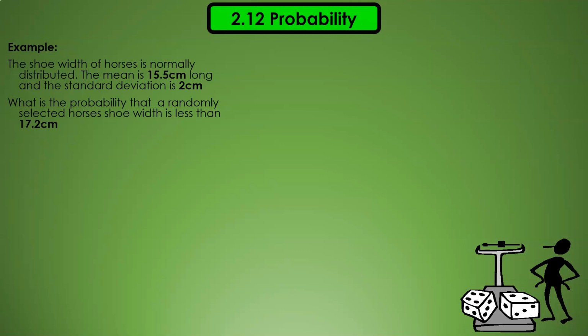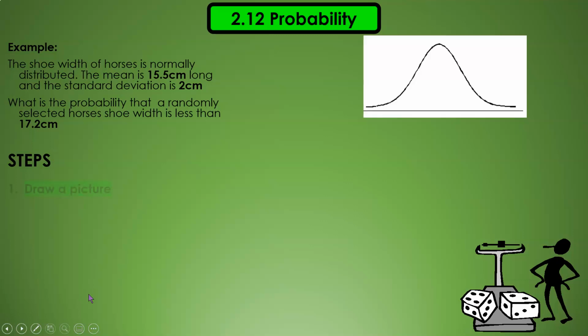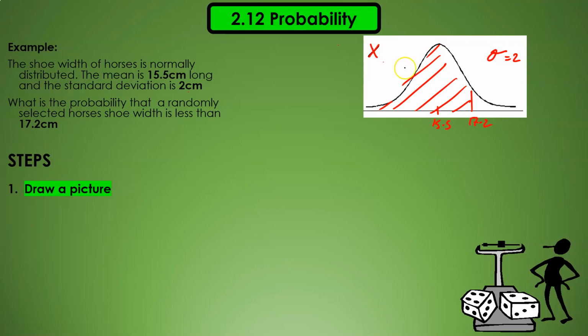Okay, hopefully you gave that a go. Let's have a look at what the answer should look like. Step 1 is draw the picture: the graph with our mean, the limit, which is 17.2, and the standard deviation. I'll now put in the z values.